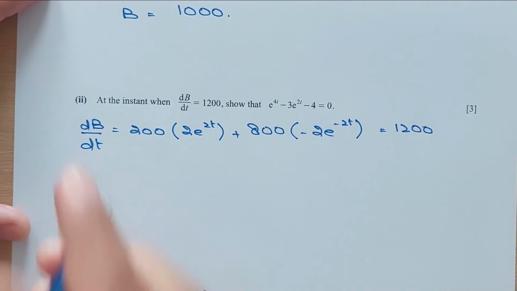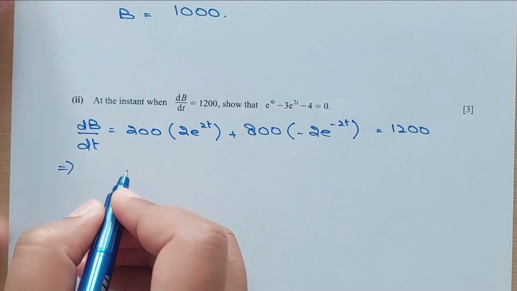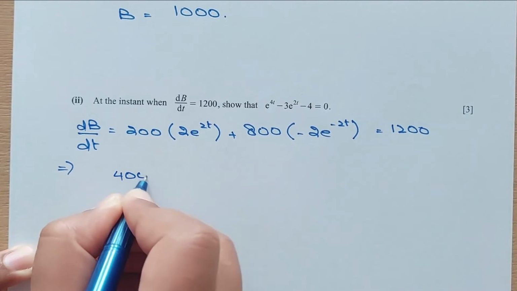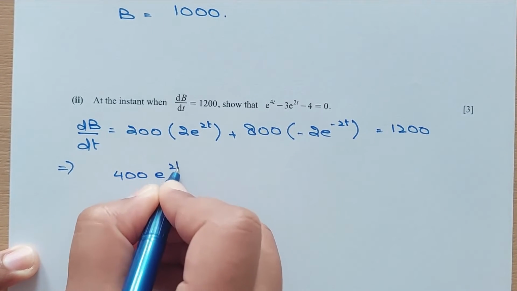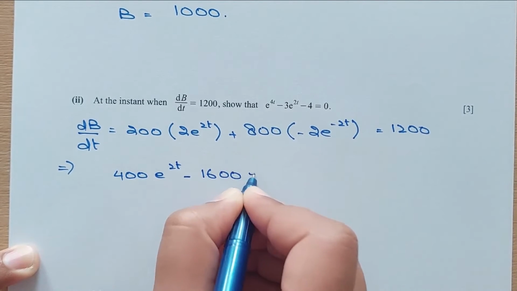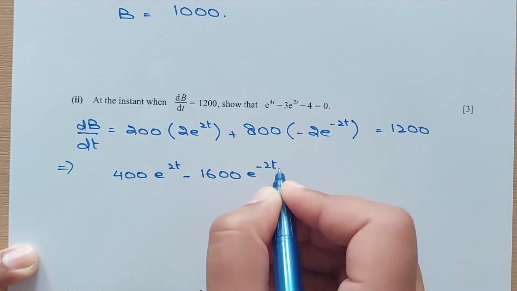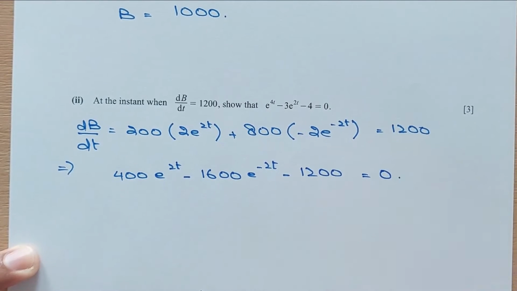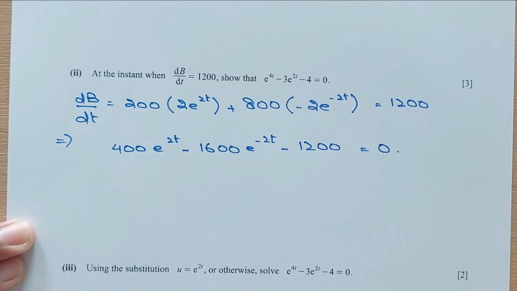Let me simplify this equation. So from here we have 400 e^(2t) minus 1600 e^(-2t) minus 1200 equals 0.